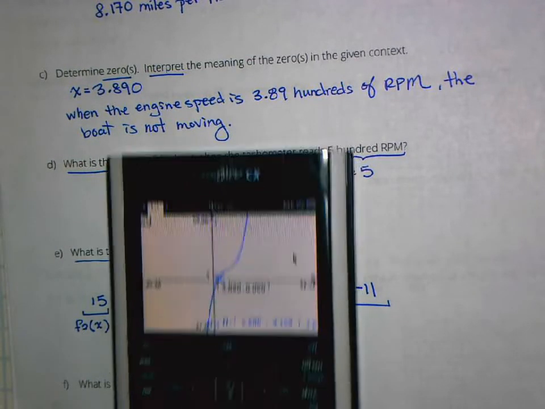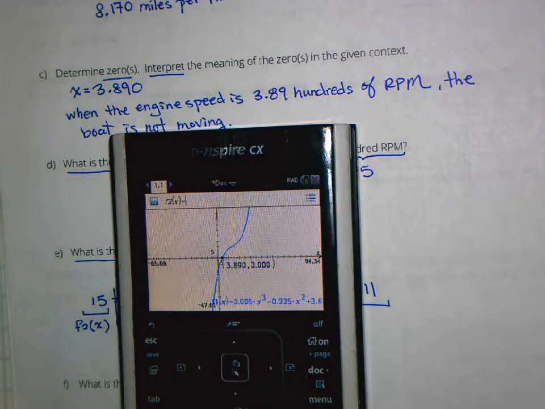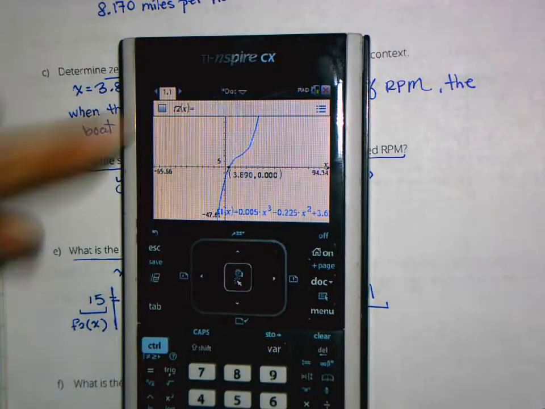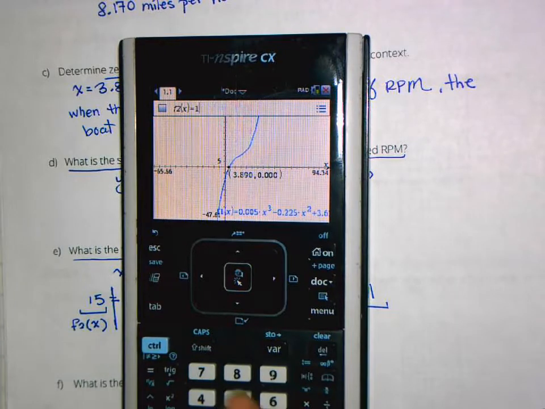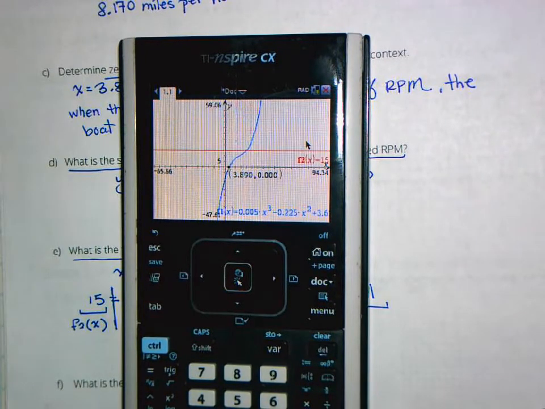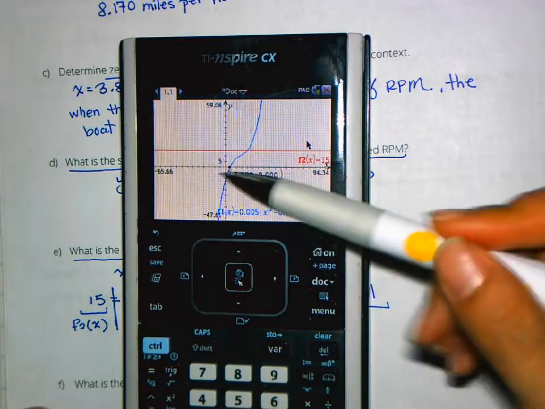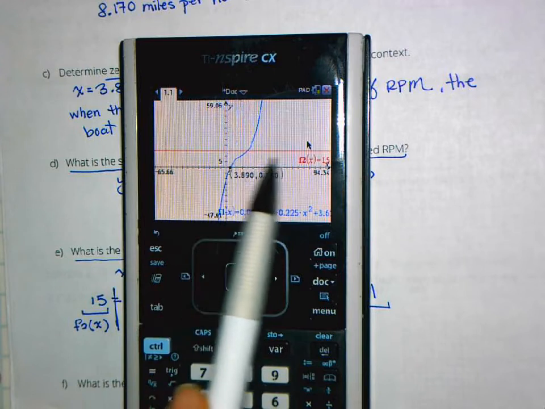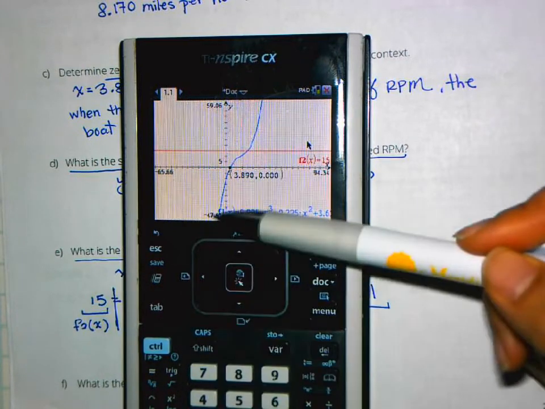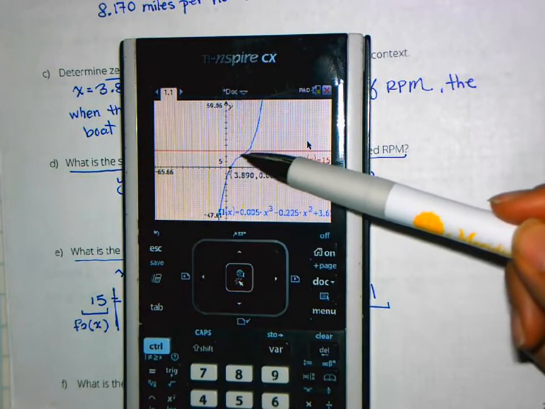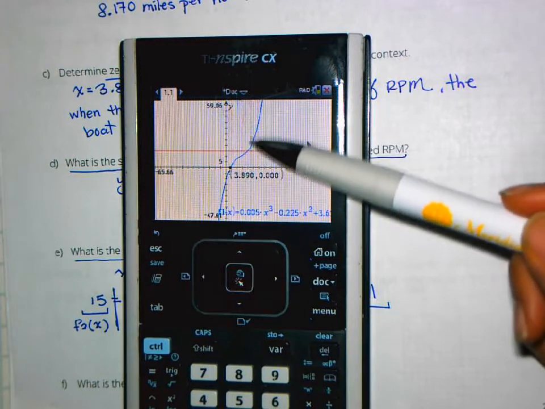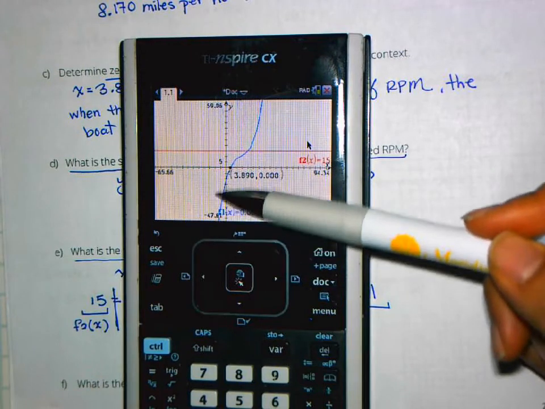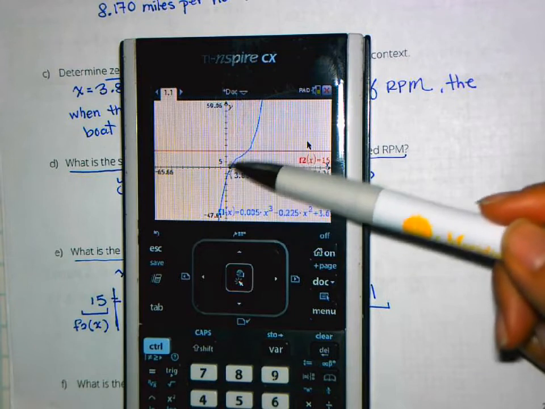Here's my graph. I'm going to go to tab, and then type in f2 of x equals 15. Just type in 15, hit enter. There's your graph right there. This is when the speed is at 15 miles per hour. This is the speed of the boat at different engine rotation or different engine speed.